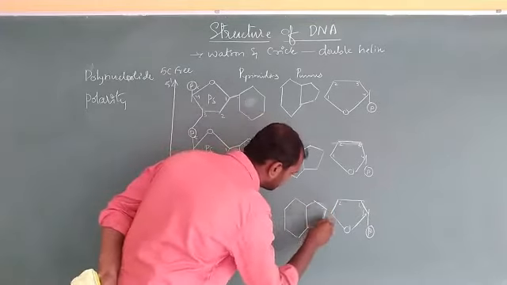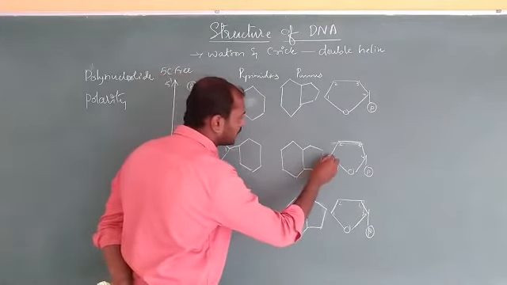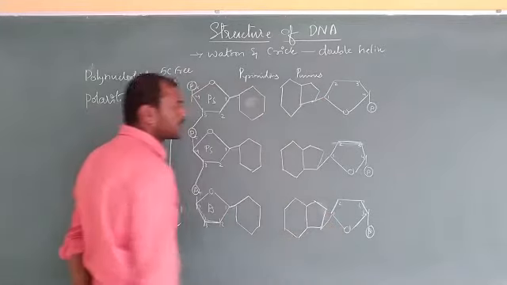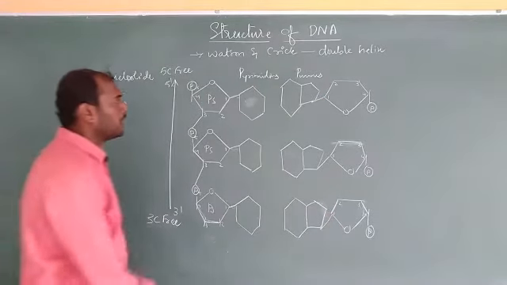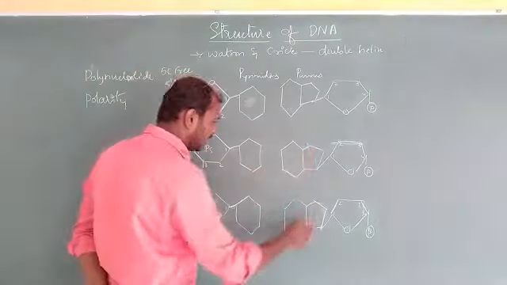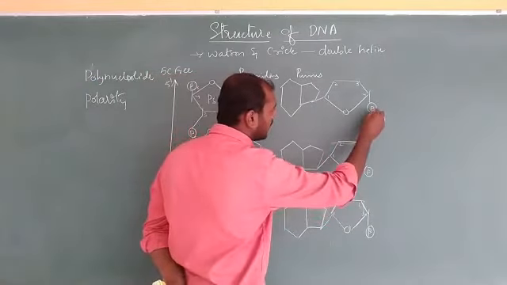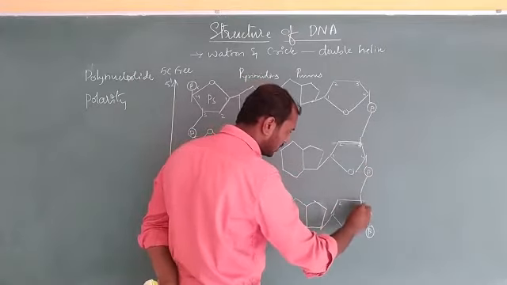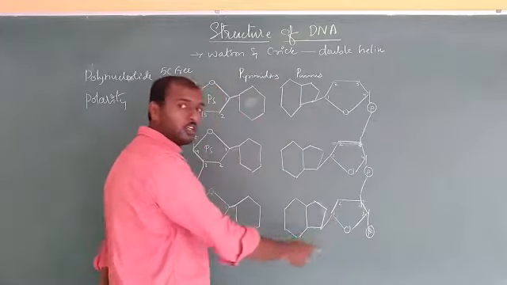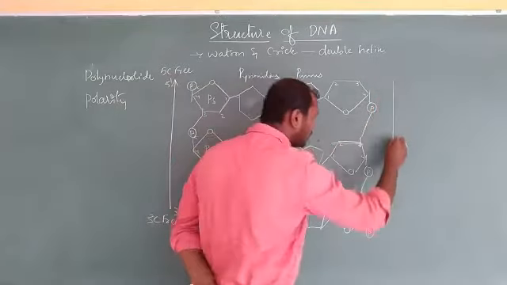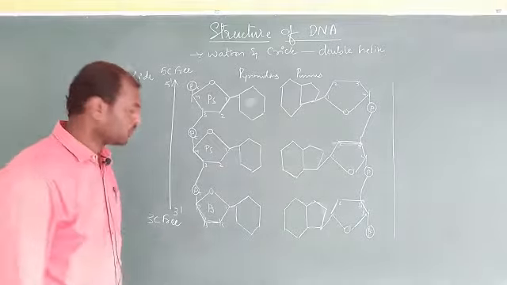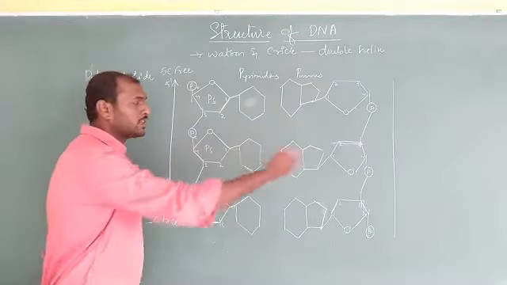Here the ninth position of the purine is going to interact with the sugar and form the bond, and the phosphate is again going to react with the third carbon. So this is going to form one more polynucleotide. Here one polynucleotide, and on that side one more polynucleotide.